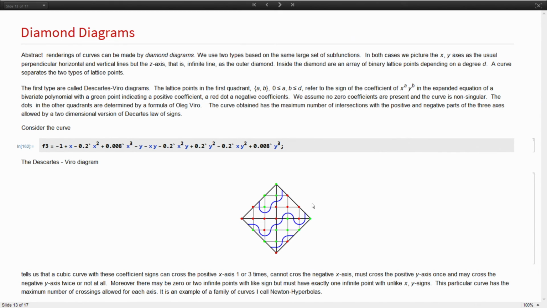And basically this tells us that we can have one crossing of the y-axis. The curve could cross the positive x-axis one or three times.